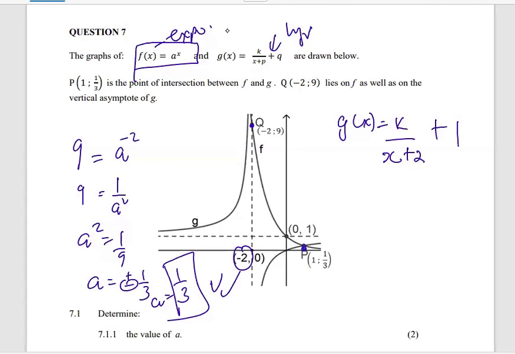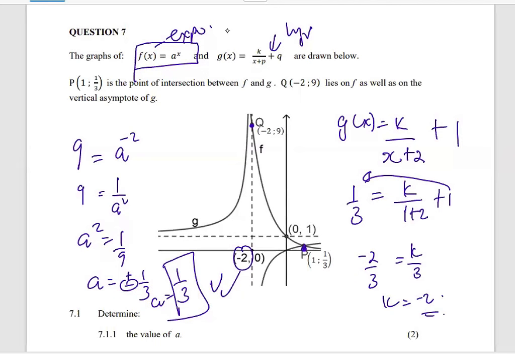It's this point of 1 and 1/3. So we shall say 1/3 is equal to k over 1 plus 2, plus 1. So k/3, when we move this 1 to this side, it's going to give us -2/3, multiply both sides by 3, meaning that k is -2.